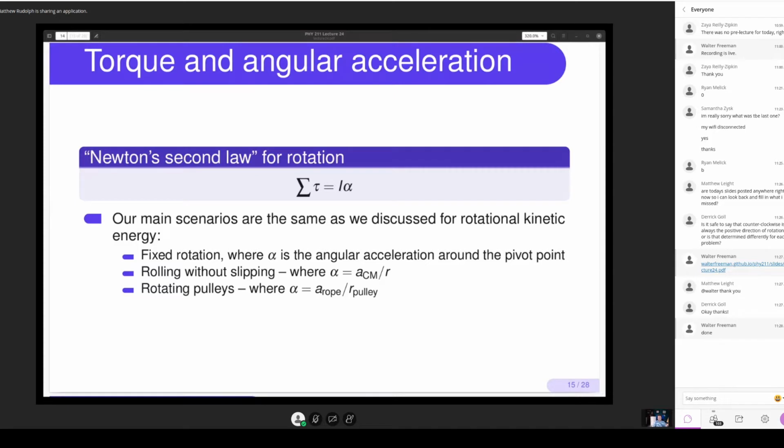But we'll also have cases like rolling without slipping, where there's some alpha, which is caused by a torque that's the same as the acceleration the center of mass gets, divided by the radius of the object that's spinning or rolling. We also have things like rotating pulleys, where alpha is going to be like the acceleration of the rope that's going around the pulley divided by the radius of the pulley, right? And those can be combined with other things moving, like blocks and stuff, like what we did with pulleys before.